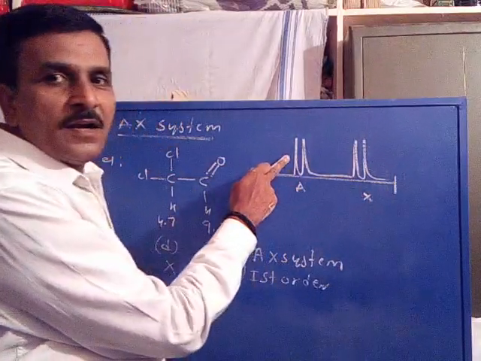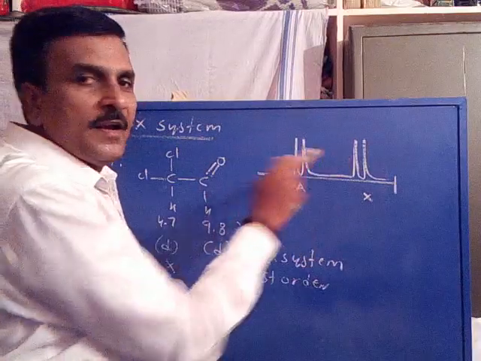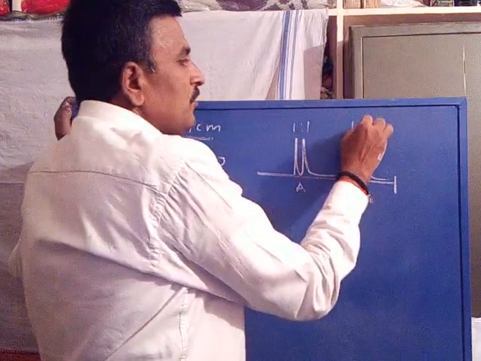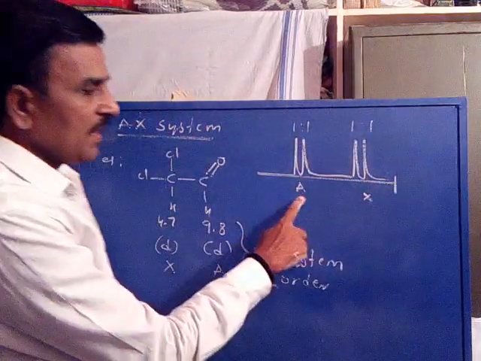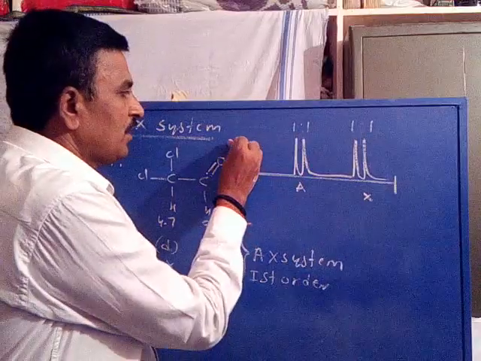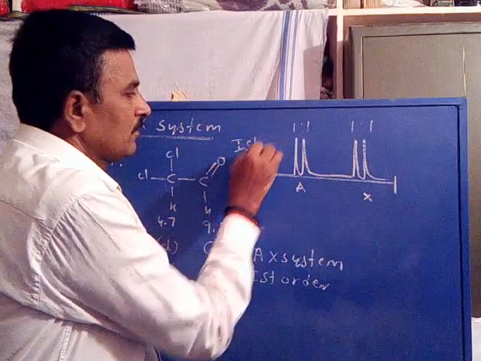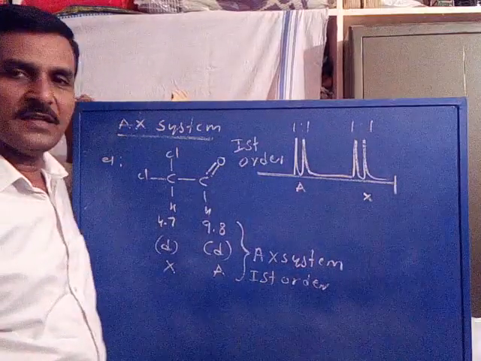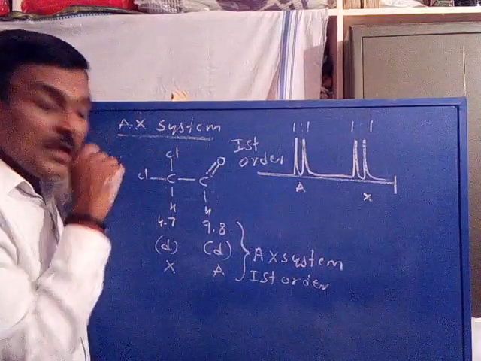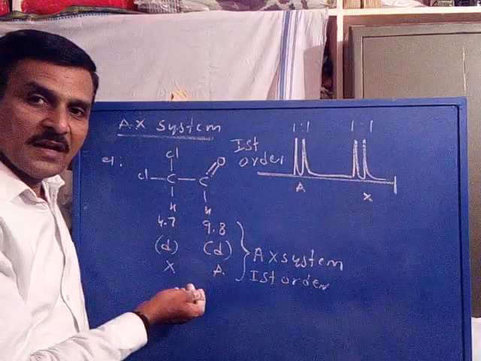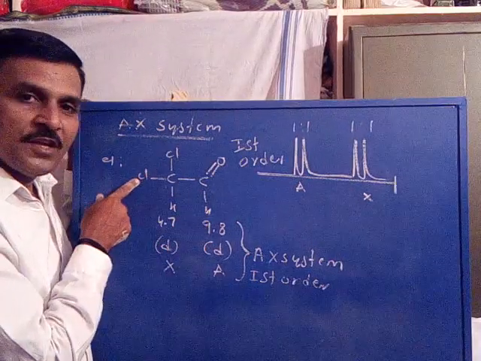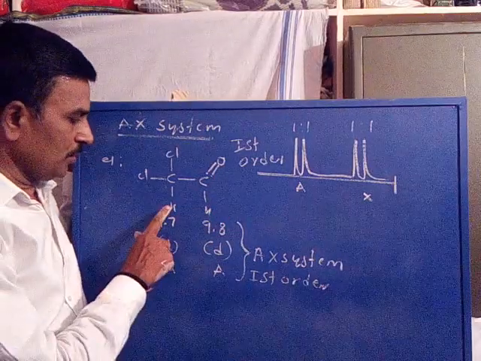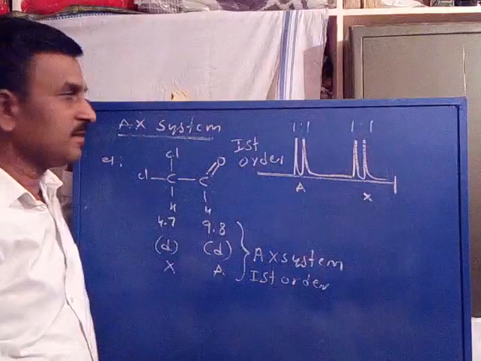The signals are according to n+1 rule, doublet and doublet, with equal intensity, that is 1:1, 1:1. So this is AX system of first order. Is it clear? Now you can change the examples under AX system by replacing these two groups with any other substituents. So these two protons must be AX system.